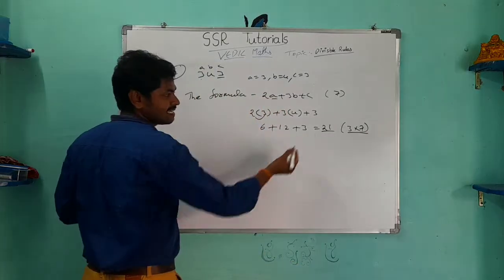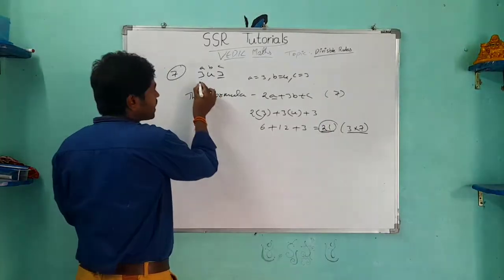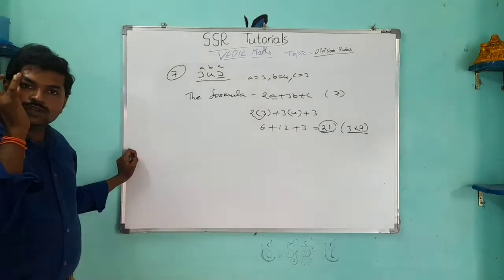So it is divisible by 7, and the total number 343 is also divisible by 7.